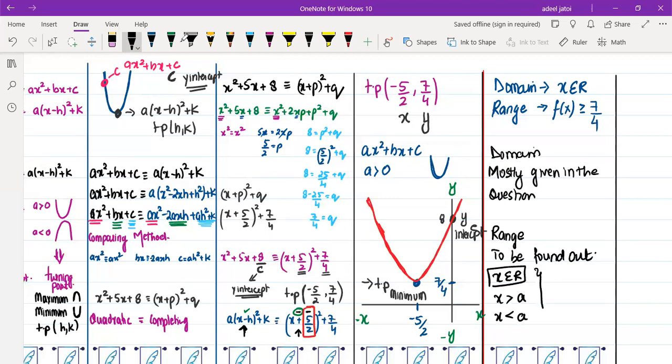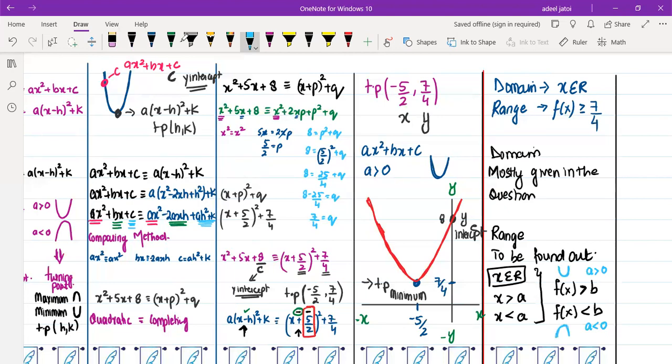So in these cases, we write f(x) greater than or equal to your value, let's take the y value as b, or less than your value of b. If a is greater than 0, it will be a U-shaped curve; for a less than 0, it will be an n-shaped curve.